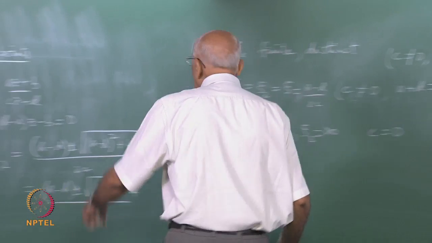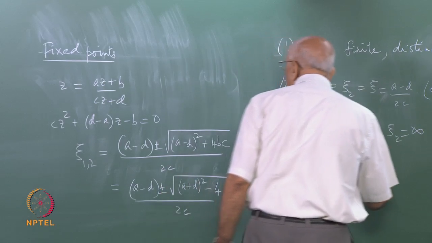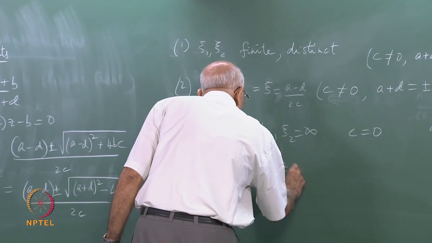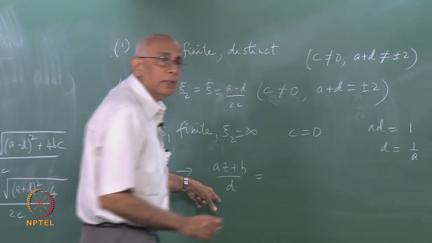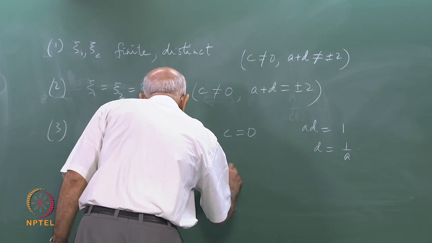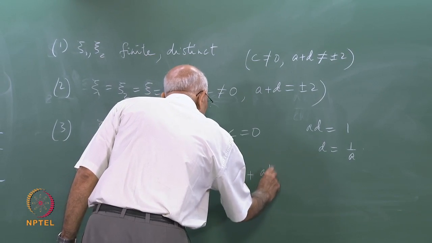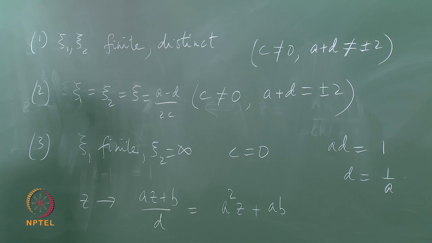And what happens to the transformation? It says Z goes to AZ plus B over D, which is equal to A over D times Z, but AD is equal to 1, so this can be written as A squared Z plus AB. And this has two fixed points, of course.